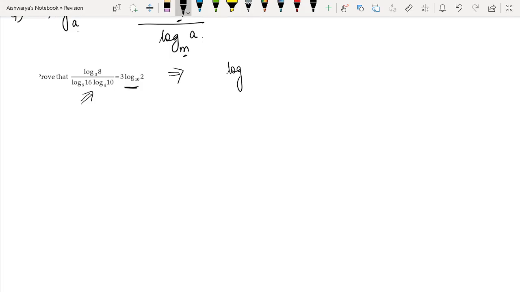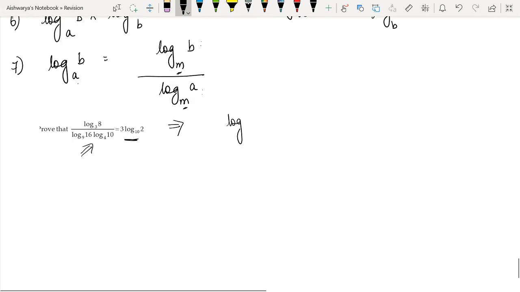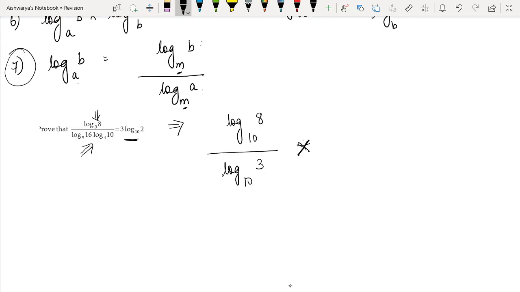I'm going to change the base of everything to 10. I'm going to use this property number 7. Okay. Log 8 base 10 divided by log 3 base 10. The first one I have changed to base 10. Now this whole thing divided by, let me write it in divided by only, it might confuse people.